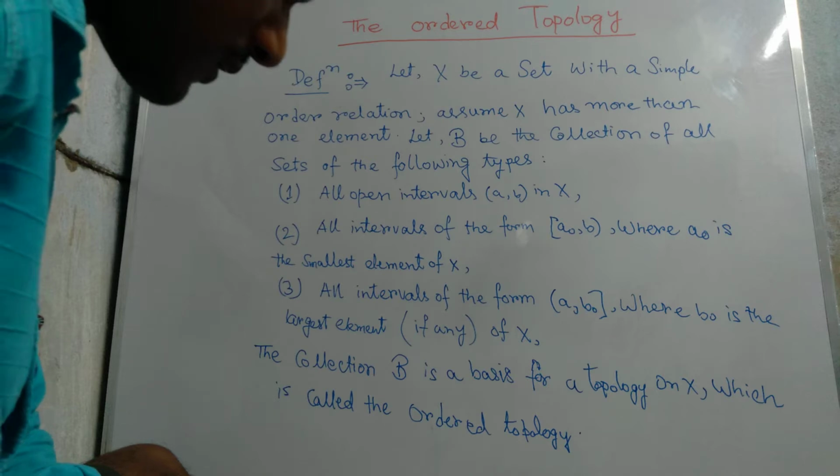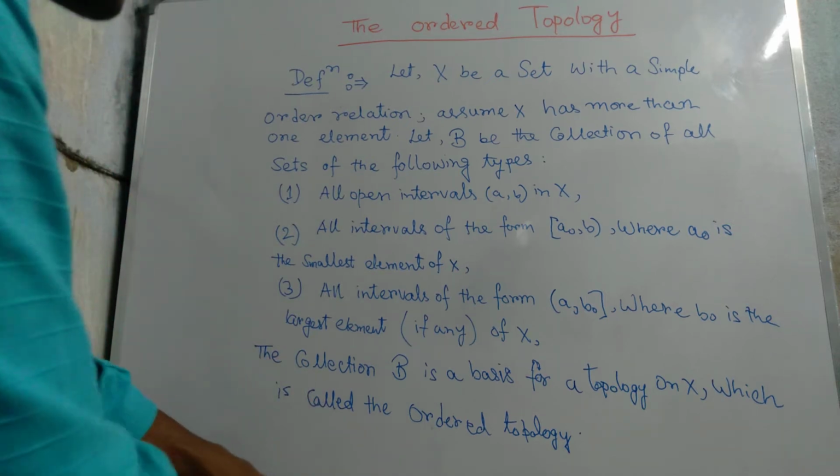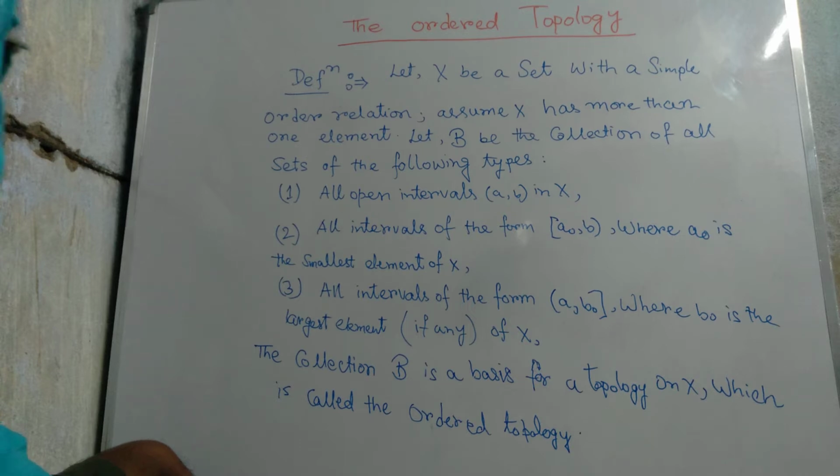Now we discuss the definition of order topology. Let X be a set with a simple order relation. What is a simple order relation?